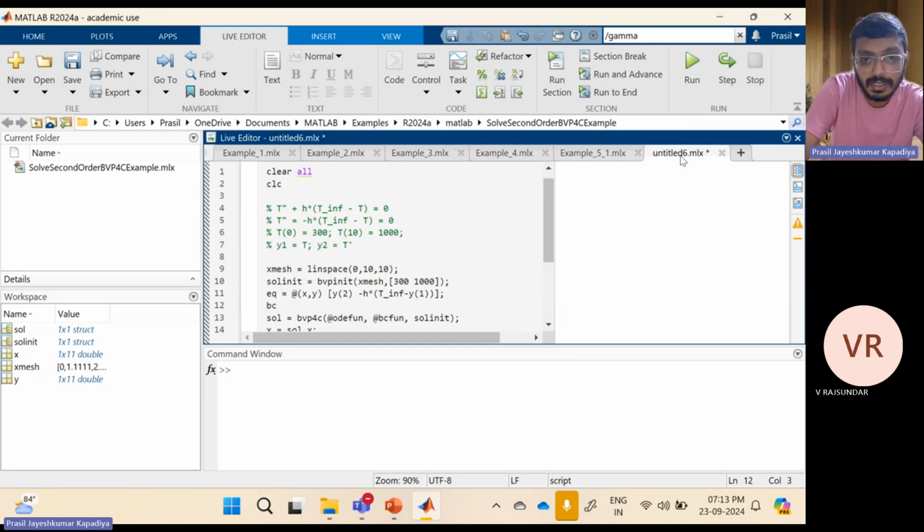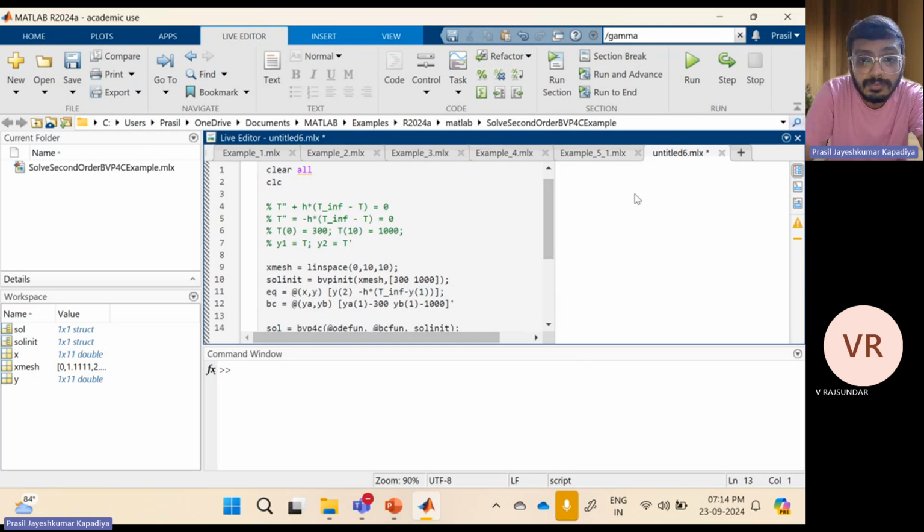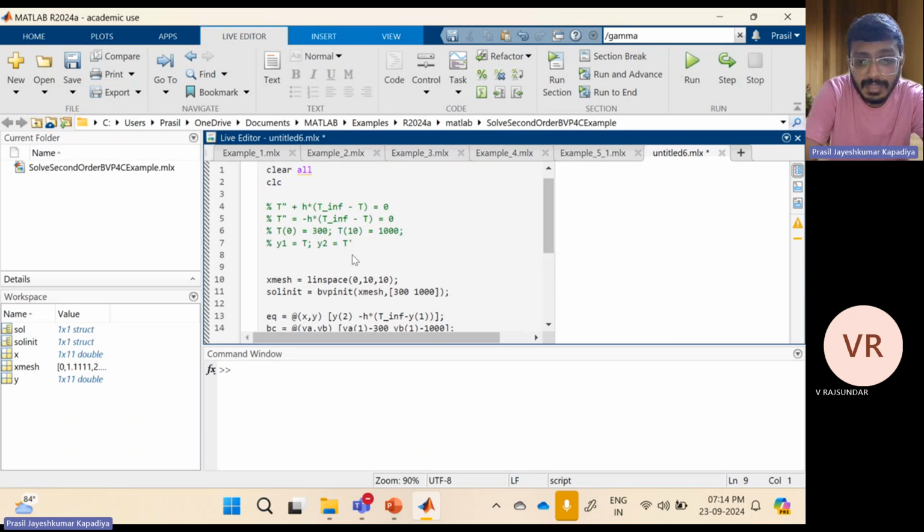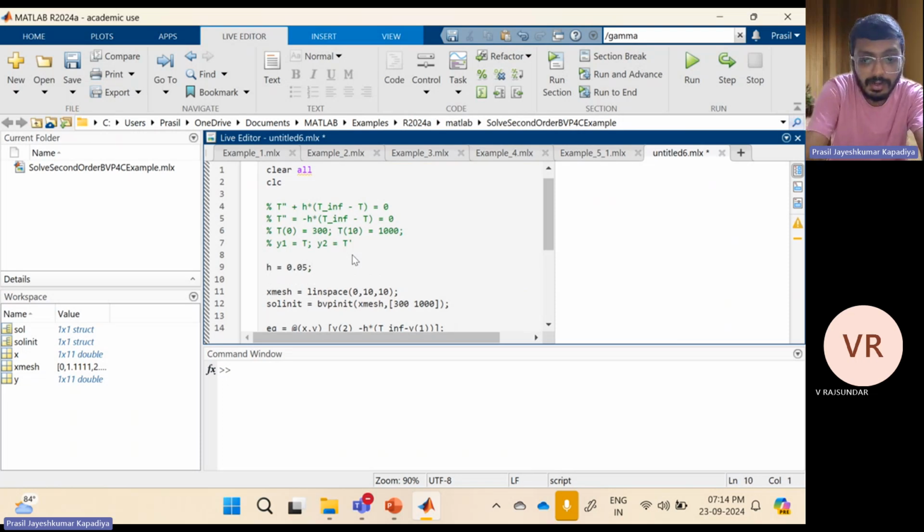Let's say I'm writing the boundary condition in the form of ya and yb. So ya comma yb, and let's say I'm writing ya of 1 minus 300 and yb of 1 minus 1000. And what is given to us? h is equal to 0.05, and T underscore infinity is equal to 298.